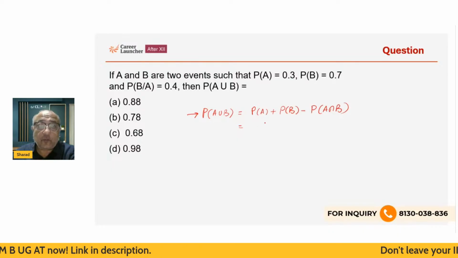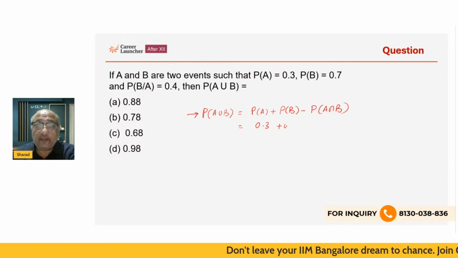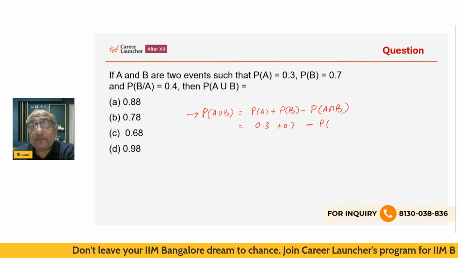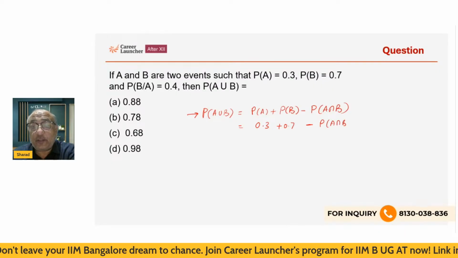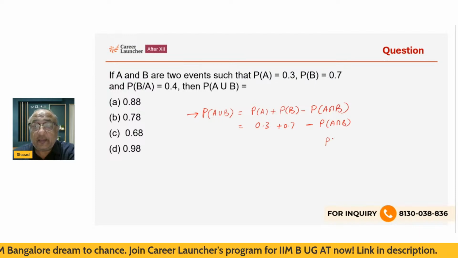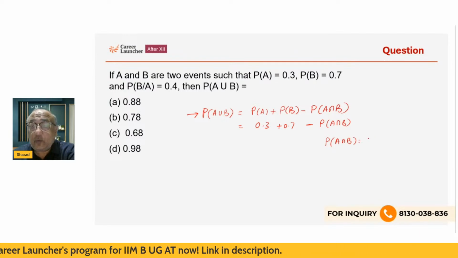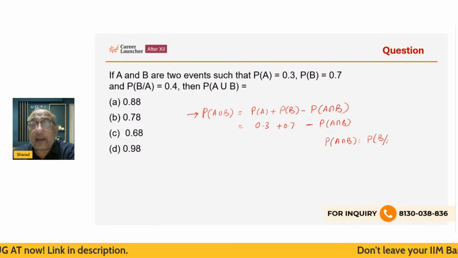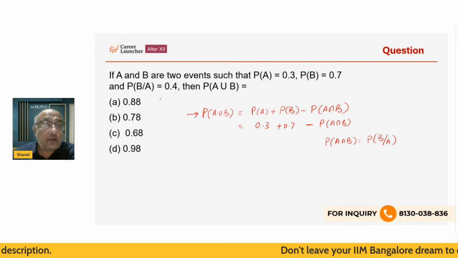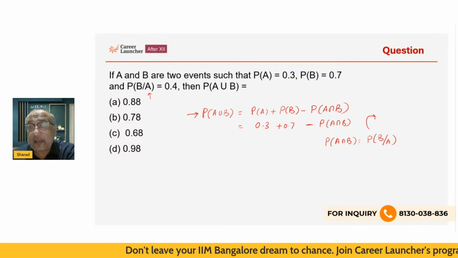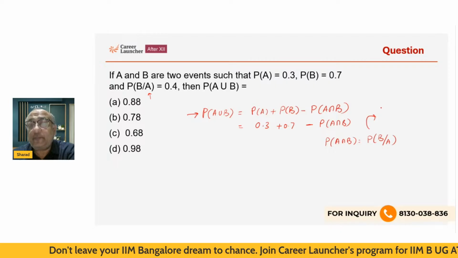Again we are stuck. Why? Because this probability is given to us as 0.3, this is 0.7. How do I compute this probability of A intersection B? For this, we must know that probability of A intersection B is equal to probability of B by A. Why am I writing B by A, not A by B? B by A is called conditional probability.